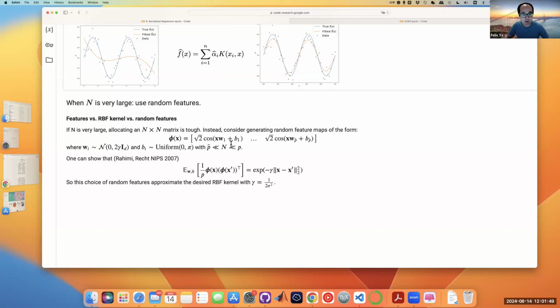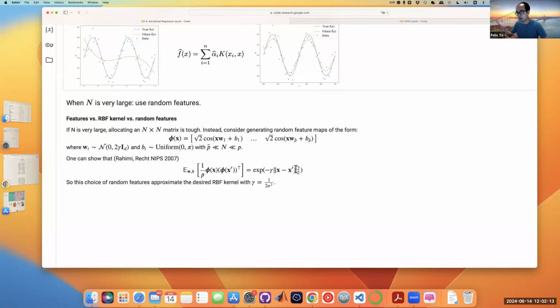In fact, we can show that if we take this random feature map, it can effectively be doing Gaussian kernels on this data set. So equivalently, if we are working with Gaussian kernels, that probably can give us a very good result.